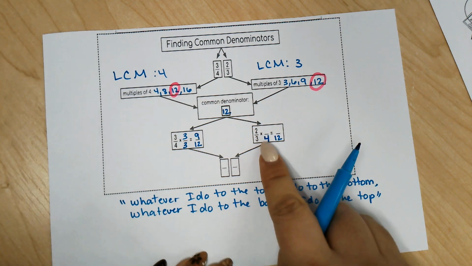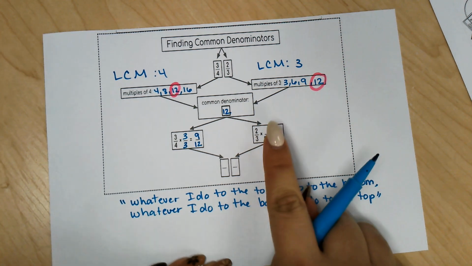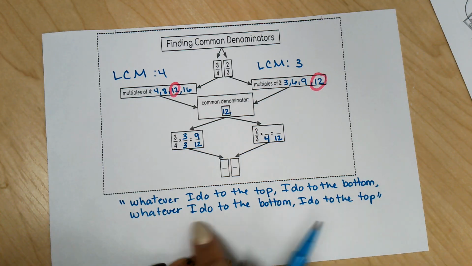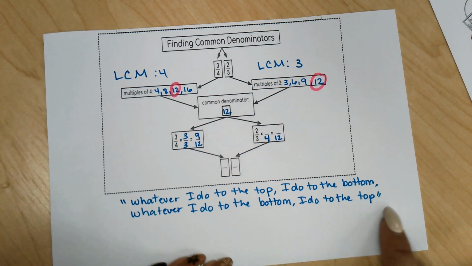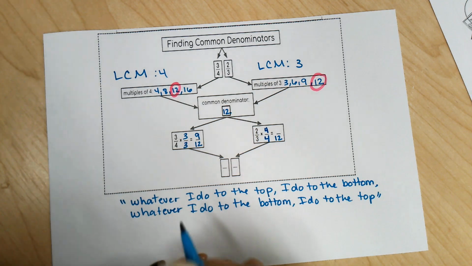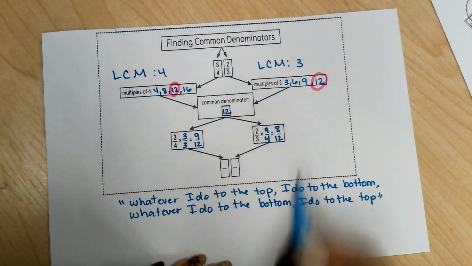So I'm going to fill in the blank right here, and I'm going to use this to know what to do in my numerator. Whatever I do to the top, I do to the bottom. Whatever I do to the bottom, I do to the top. Because I'm multiplying times 4, I'm going to multiply times 4 in the top. So 2 times 4 is going to be 8.